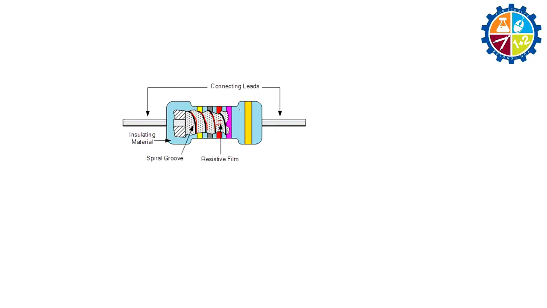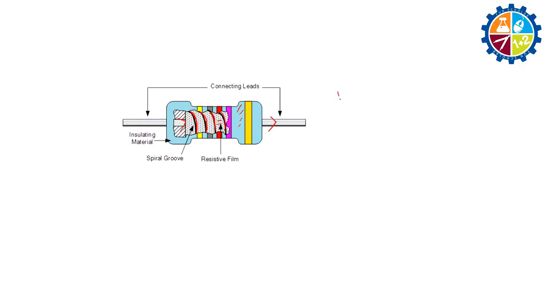So this is an insulator. When current is passing through this, the film will resist the flow of electrons, and these conductors will carry the current as per our requirement. So this is how the resistor looks from inside.